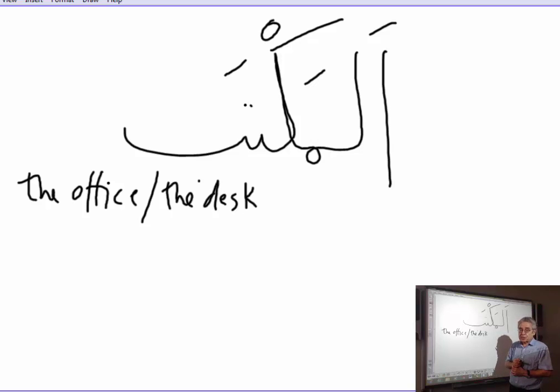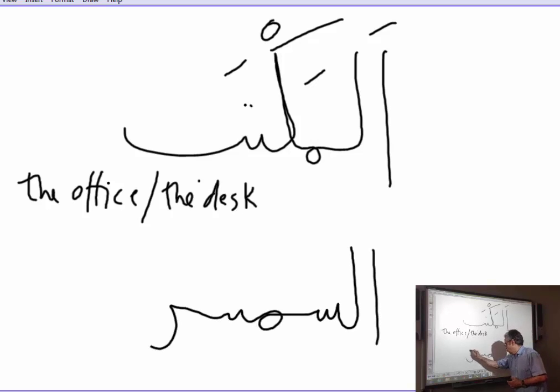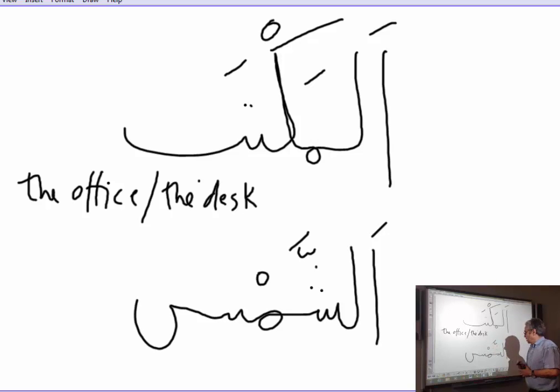الشمس. الشمس means the sun. This is what we call a sun letter, because it is the sheen.